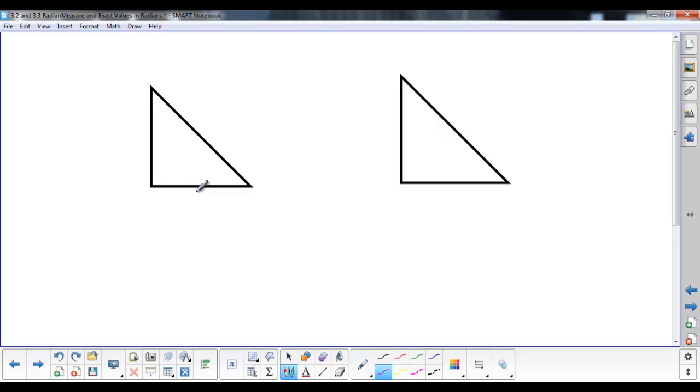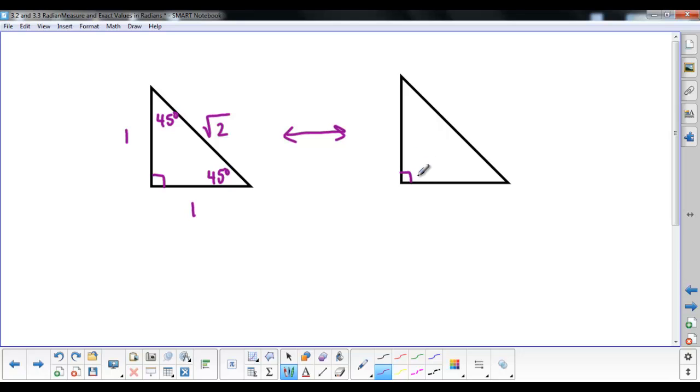is the 45, 45, 90 triangle. Now the legs of this triangle were 1 and 1, and the hypotenuse length was √2. So let's convert that into radians.